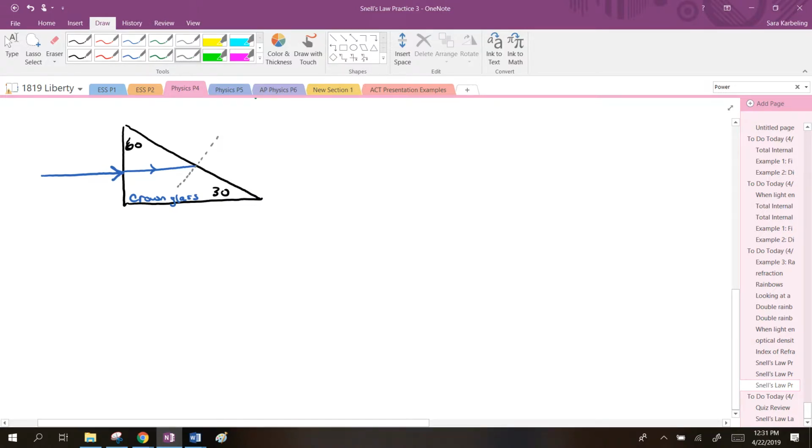I'm going to draw my normal line here. Okay. What's my theta I right here? How big is that? You guys agree? That red angle is 30?